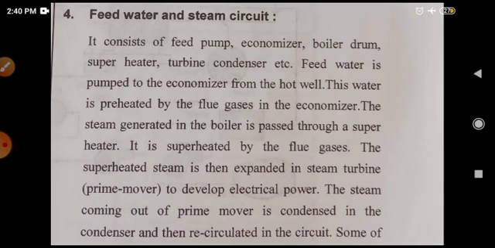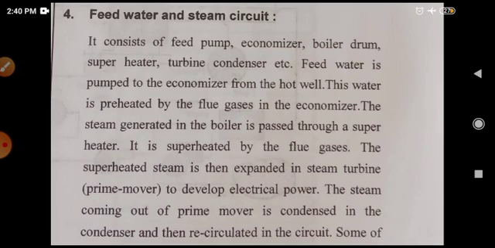If the water is at 30 degrees, we have to supply it at up to 70 or 80 degrees, but the feed pump cannot supply water above 100 degrees Celsius, because water gets converted into steam. Therefore we must maintain the temperature at the feed pump below 70 or so, so that the water will not get converted into steam immediately.